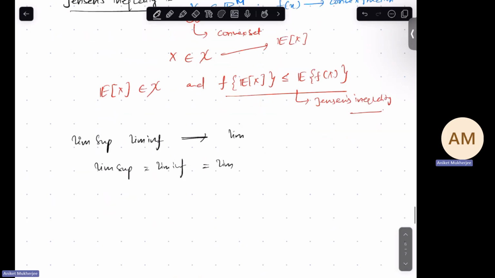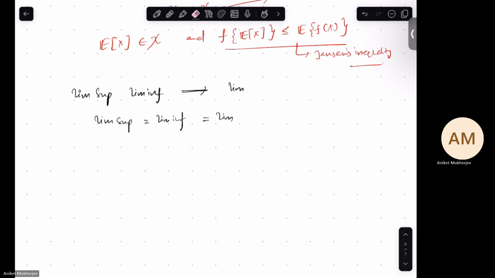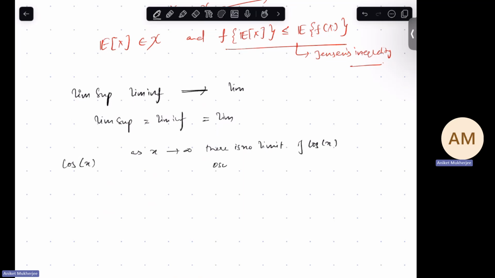But what if you take a function such as cos x, as x tends to infinity? There is no limit of cos x as it oscillates between -1 and +1, right?